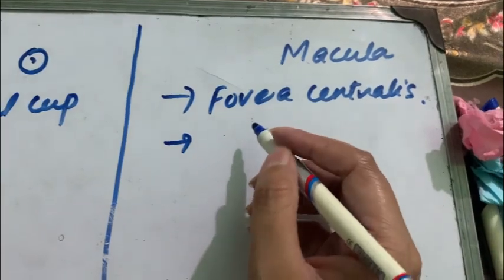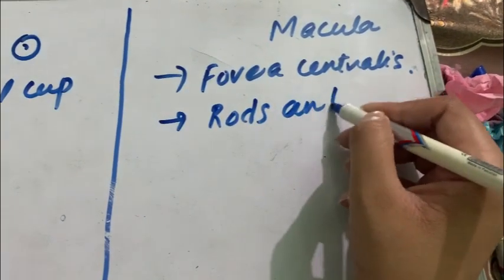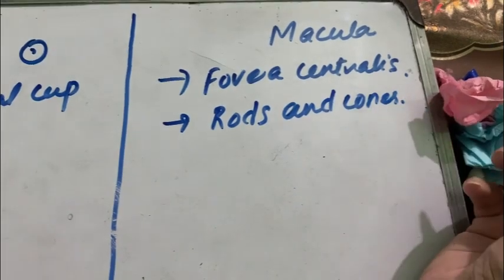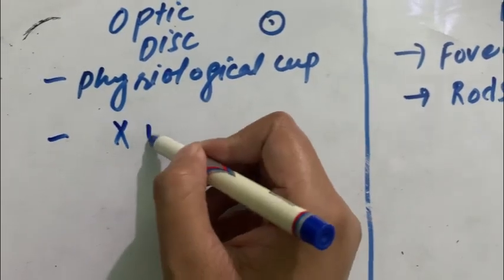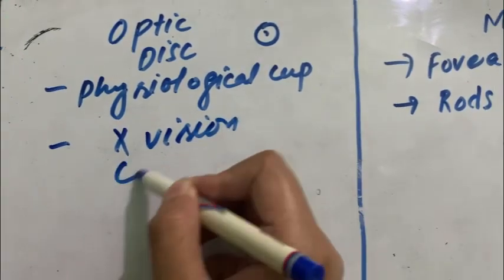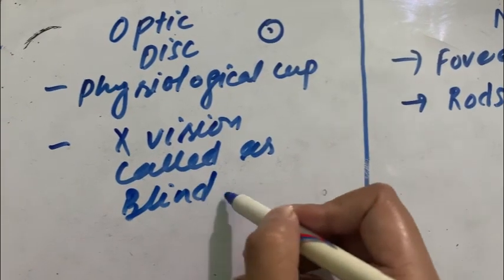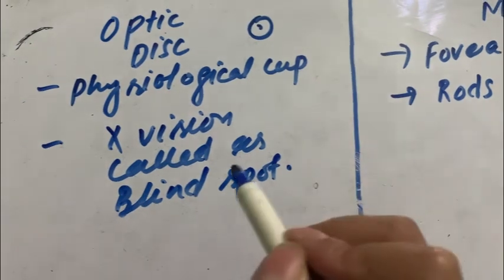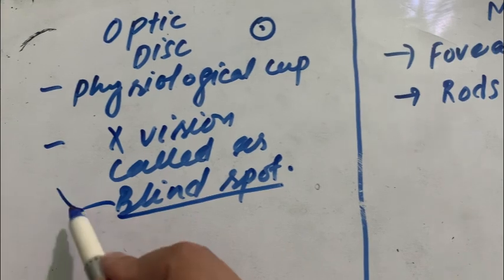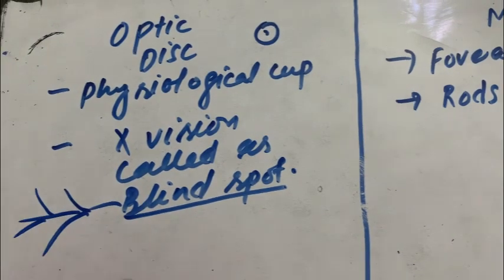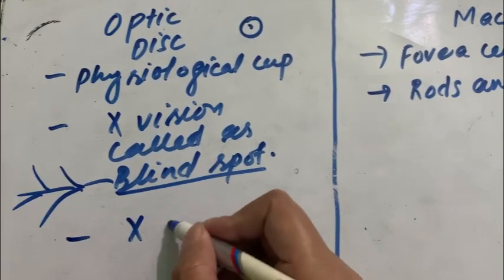So next, this part is abundant in rods and cones, while this does not have vision, so it is called the blind spot. This is the spot from where the blood supply comes and goes. Okay, so there is no vision here.